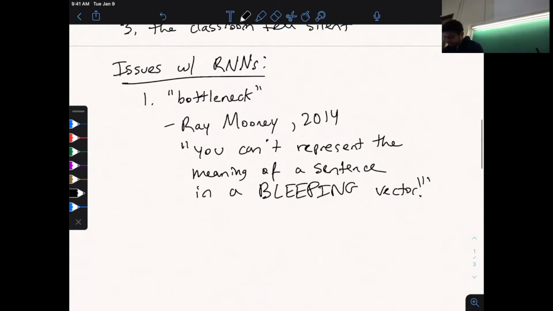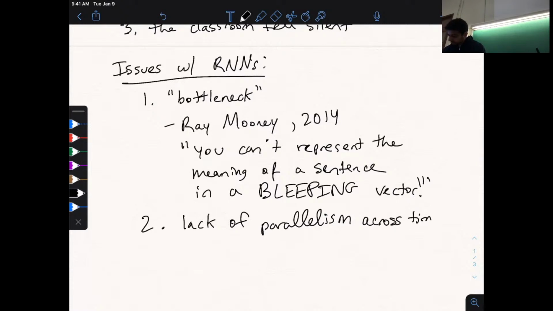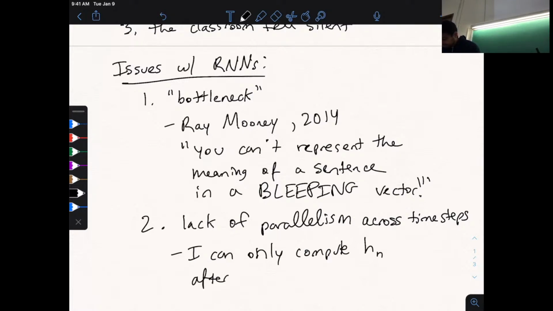The other one is that RNNs are not parallelizable across time steps. So, lack of parallelism across time steps. This means that I can only compute h sub n after computing h sub n minus 1, right?